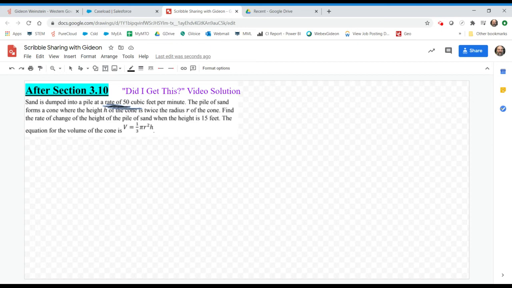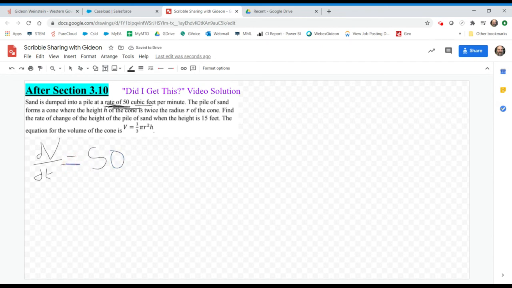A derivative with respect to time, and it's cubic feet, and that's volume. So I think I can start scribbling. I feel safe if I scribble this: dV/dt equals 50. It's dumping into a pile, so I'll assume into the pile is positive, right? It's not like a draining tank or anything like that.